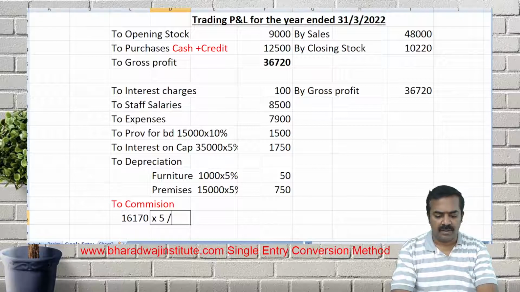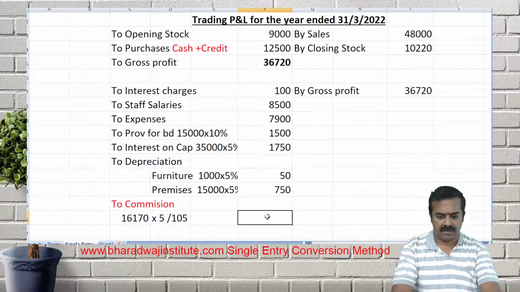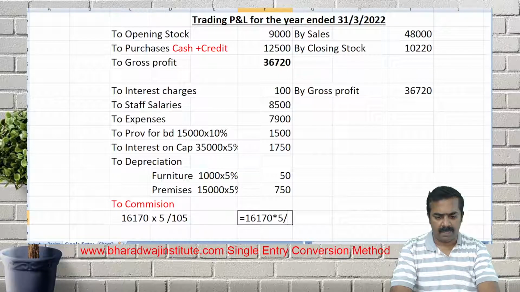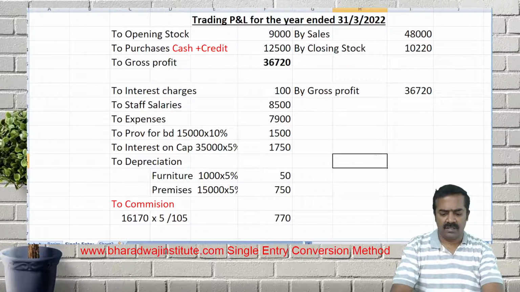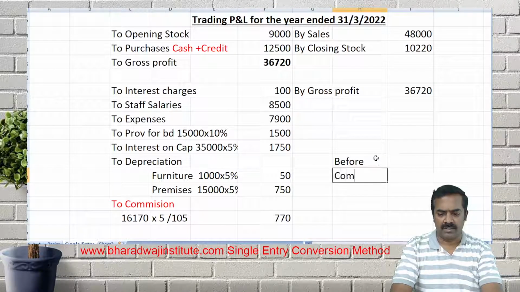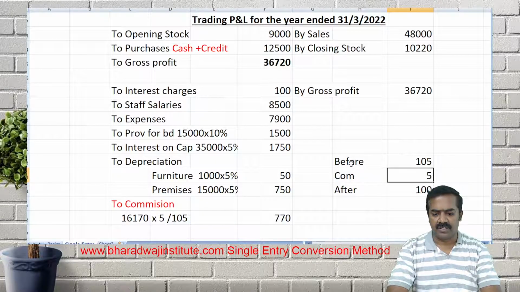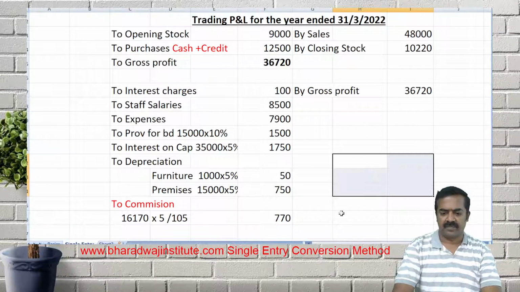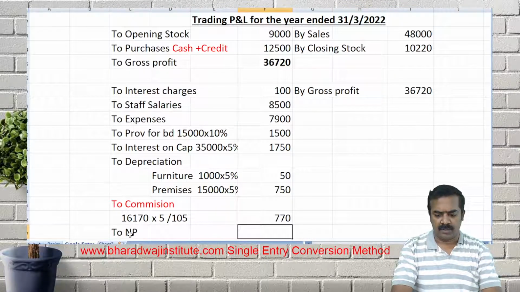So 5 by 105. I told you last time, if it is after charging commission, net profit after charging commission should be 100. If commission is 5 rupees, what will net profit before charging be? It will be 105. That's why 5 by 105. Net profit is the balance.